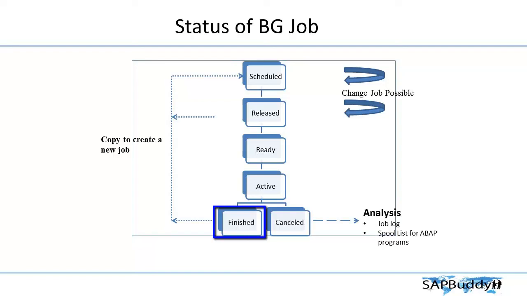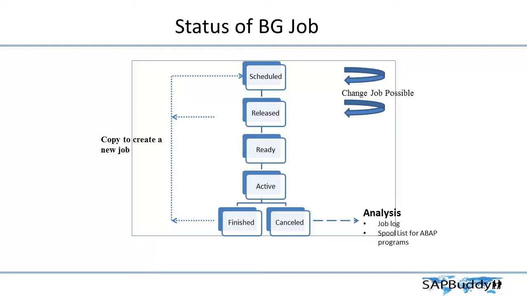If the job is finished and you want to create a new job with the same condition or the same steps, you can copy the finished job and create a new one. When you copy the finished job, give a new name, and when you save it, the status of the job will be scheduled.